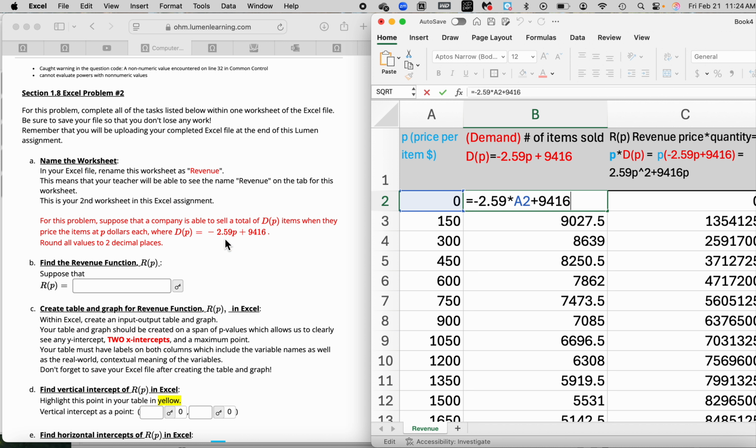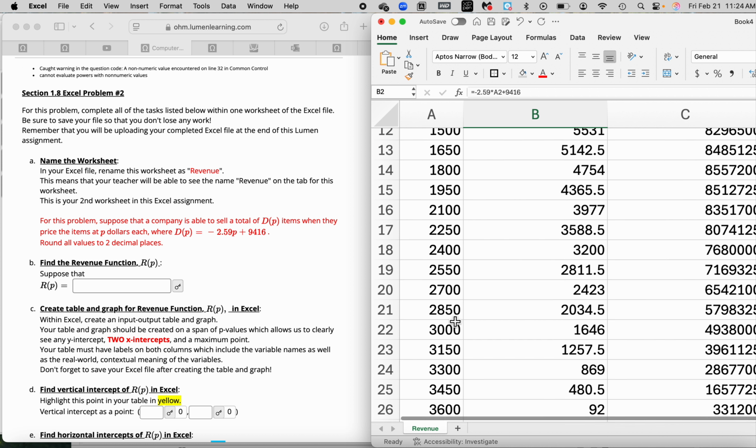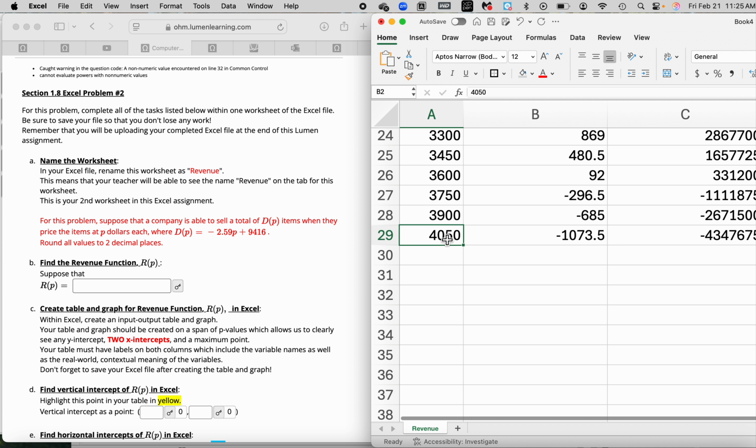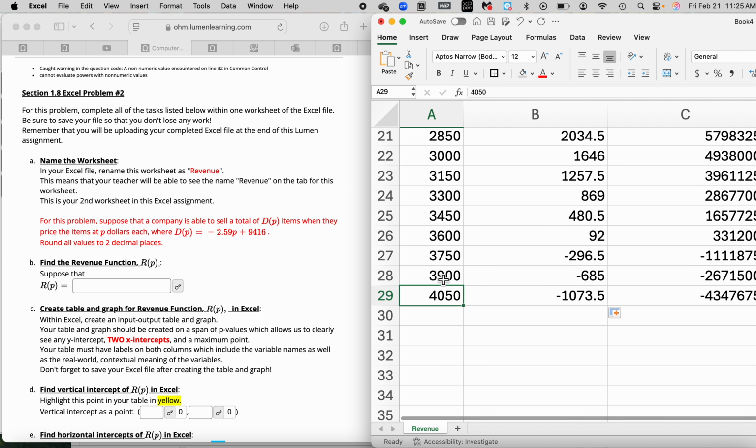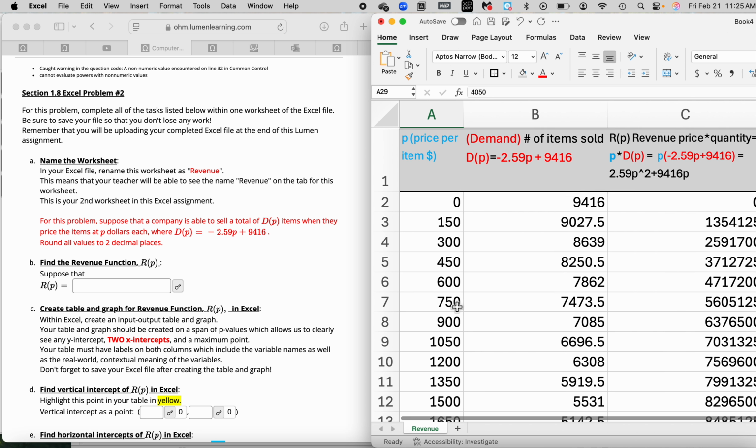It's equal to negative 2.59 times P. My P values are in column A, A2, plus 9416. And then I just copy that down through the whole table. For my table here, I went in increments of 150 and I stopped at 4,050. I actually went further, but then I got rid of some of my rows.